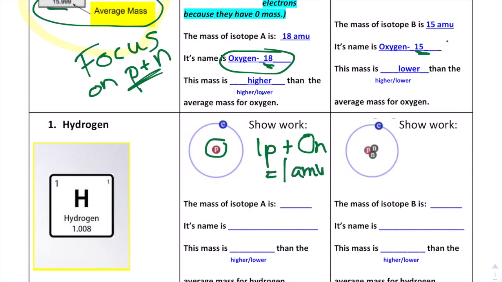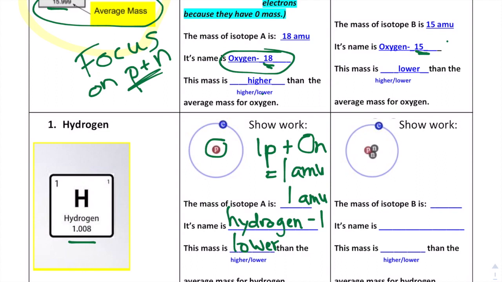So this hydrogen has a mass of 1, and the unit AMU. And so its name is hydrogen-1. And this mass is higher or lower than the average mass for hydrogen. 1.008 is the average. 1 is just a tiny bit lower than that.